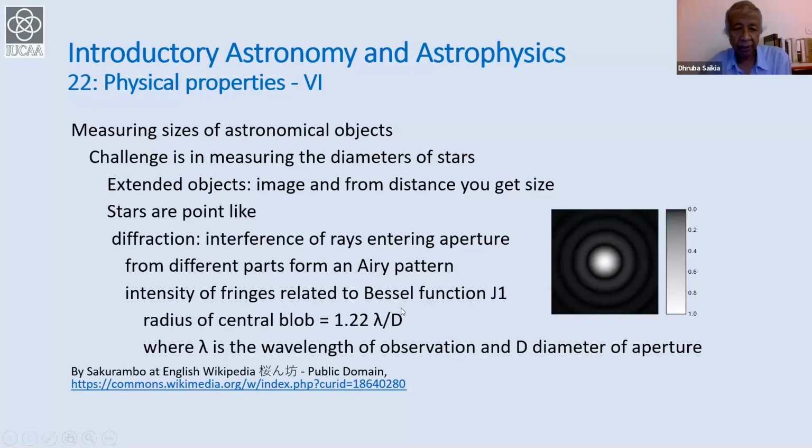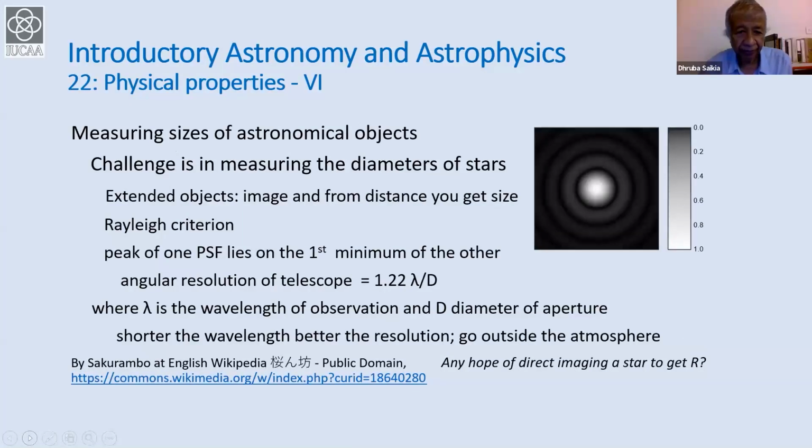This is related to the Bessel function J1, but all you need to remember is that this is 1.22 lambda by d, where lambda is the wavelength of observation and d is the diameter of the mirror or the aperture. You'll recall that the peak of one PSF lies in the first minimum of the other, and that is what gives you 1.22 lambda by d, the separation.